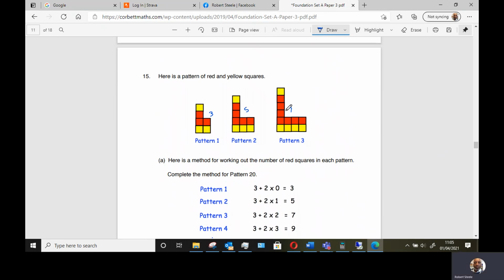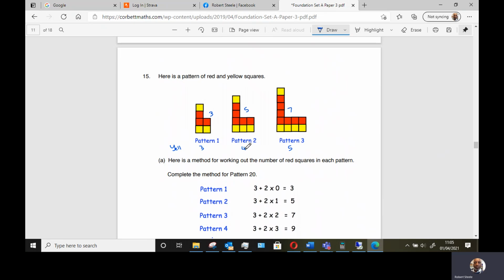So the reds go up 2 at a time, and the yellows go up by 1. So here you had 3 yellows, 4 yellows, 5 yellows. So the number of yellows is 2 greater than the pattern number.